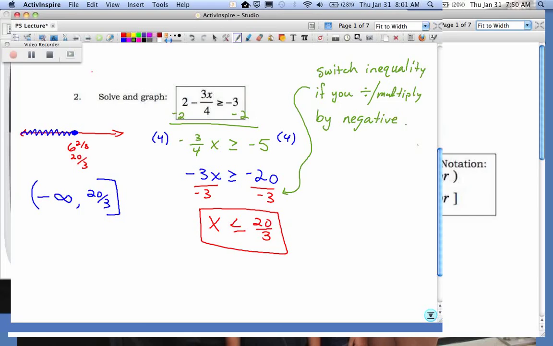At this point, right here where we divided by the negative 3, it is possible that some of you may think of that as multiplying by negative 1/3. So that's why I say divide or multiply by a negative. You can add and subtract all day long, and you never flip your inequality. You can multiply or divide by positive numbers, and you never flip the inequality. Only when you divide or multiply by a negative should you flip your inequality symbol.